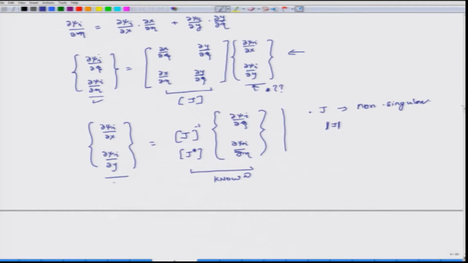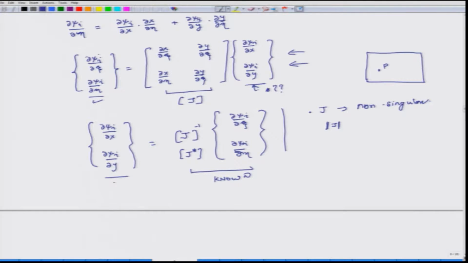So, at each point in the element, suppose I have a rectangular element or a quadrilateral, there is some point P, at each point there will be a differential of del x over del zeta, del y over del zeta, and so on and so forth. So, all these terms in this equation, they exist at every point.